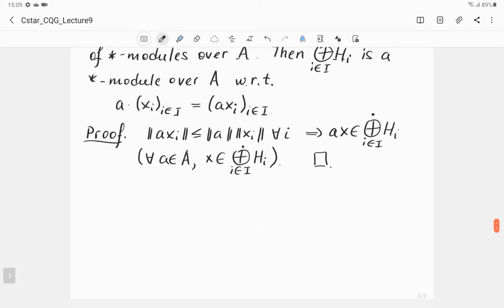And of course the same terminology applies to star representations. So we introduce the following notation.